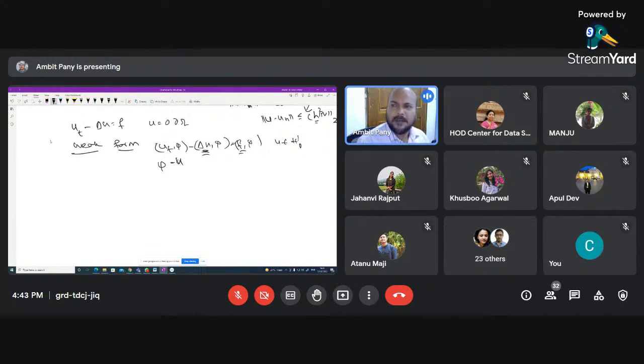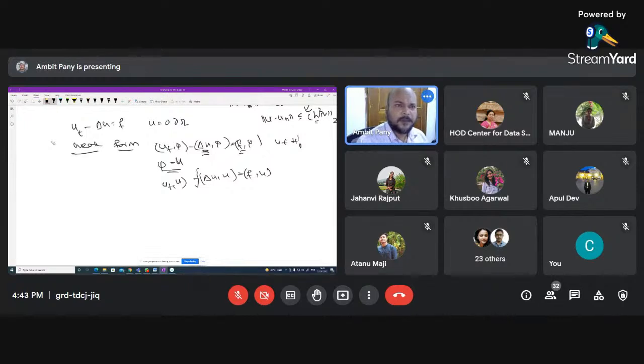So we can consider u in H1 0. Now if you replace phi by u, you get ut u minus Laplacian u equal to f into u. Now apply integration by parts. I'm not doing any integration on this part because the derivative is involved here.